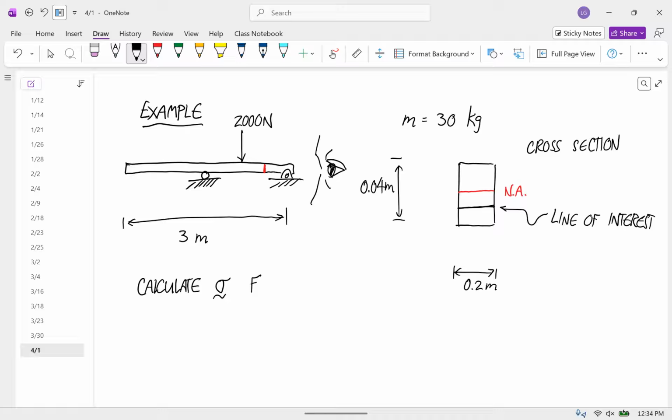And in the cross section, everything along this line will have the same stress, but that's what we're going to calculate at those points. So we're going to calculate sigma for the line of interest at the red cross section.